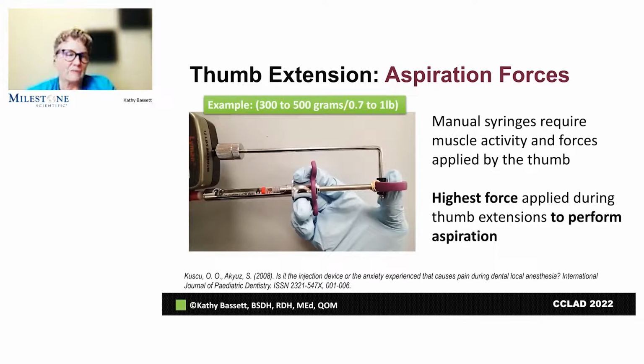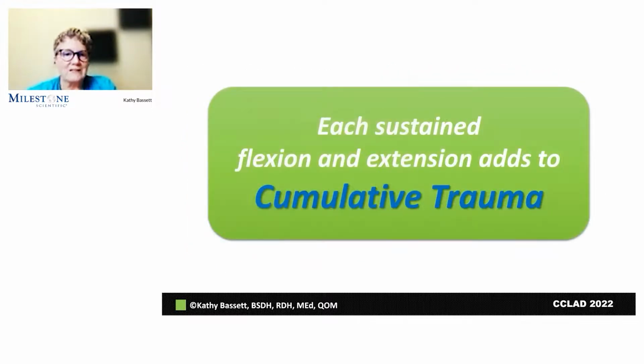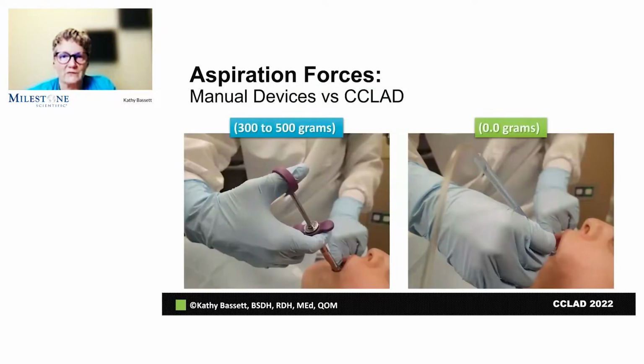How hard did I have to pull? The average was 0.7 to 1 pound for me to move that stopper. And that includes moving it forward or moving it back during aspiration. And again, think of this cumulatively through the day. Each sustained flexion and extension is adding up to cumulative trauma.